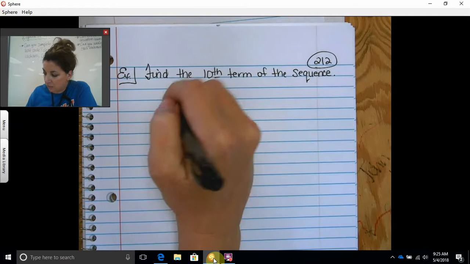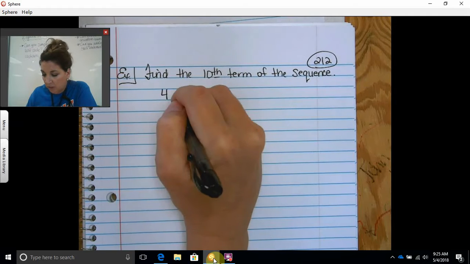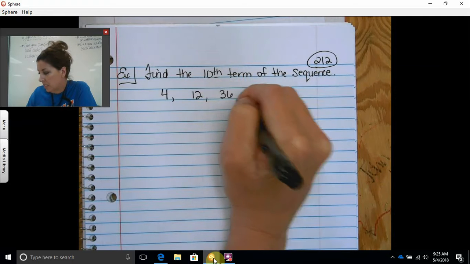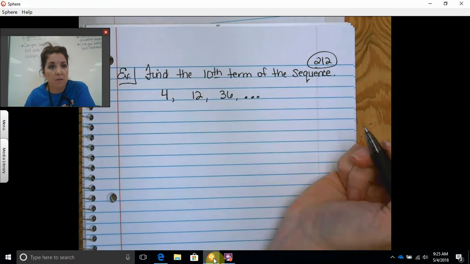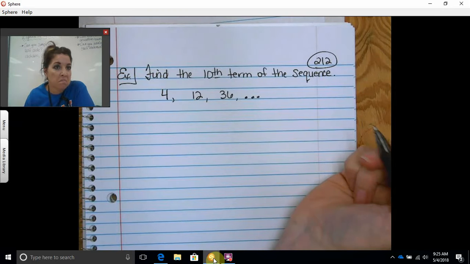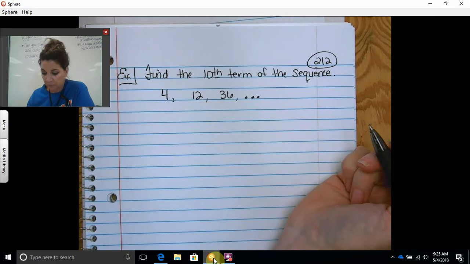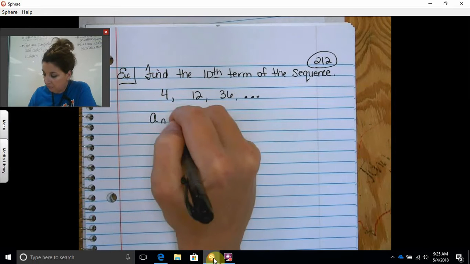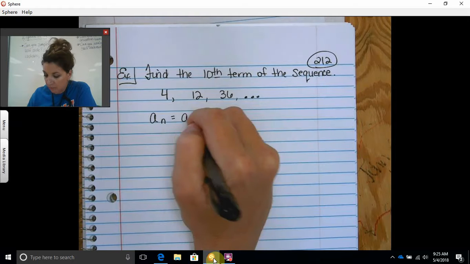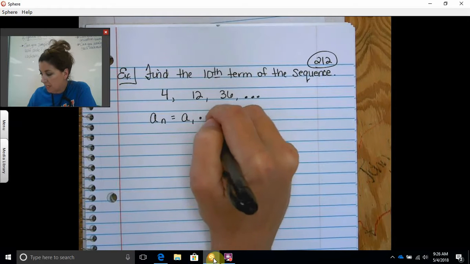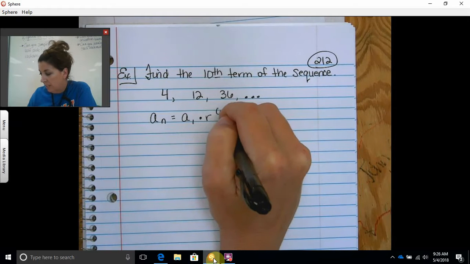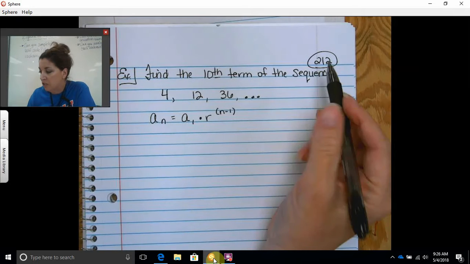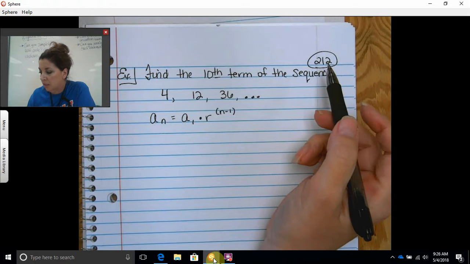Our sequence is 4, 12, 36. And that's all we have. So, Caitlin, on that one, there's only 3. You know our formula is a sub n equals a sub 1 times r raised to the n minus 1. We know it's that one and not the arithmetic one because it's a geometric sequence.